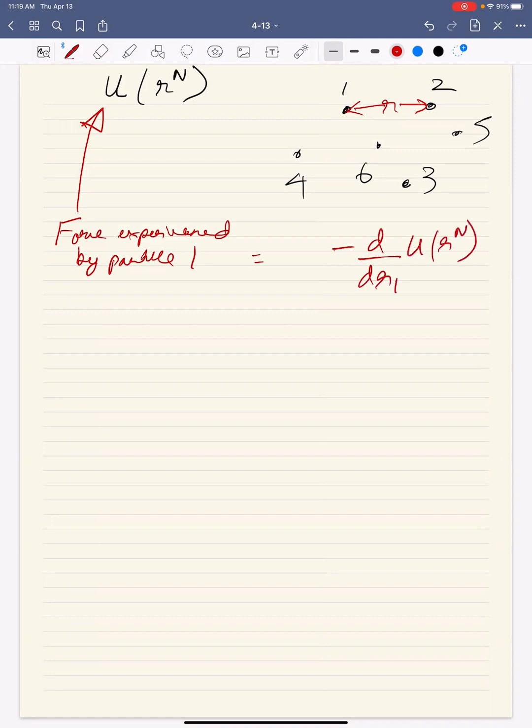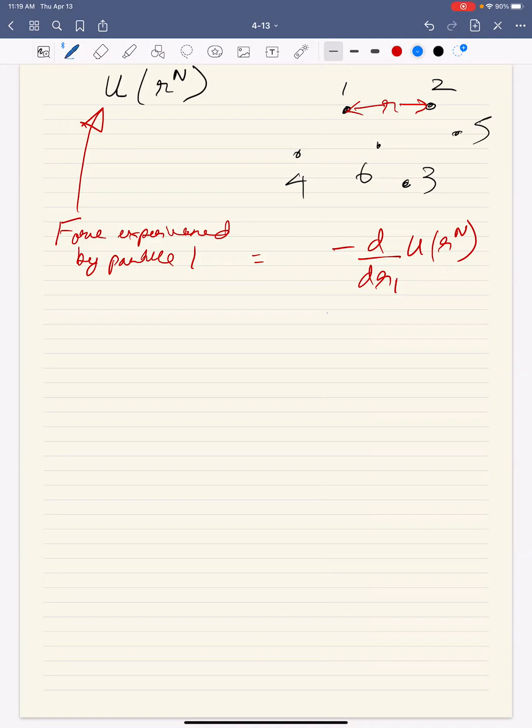And if you really want to be careful, it's a gradient, a vector, so you have to take the gradient of this and then look at the component. This d by d r1 is supposed to signify that it's a gradient.